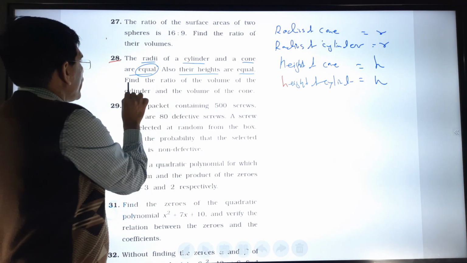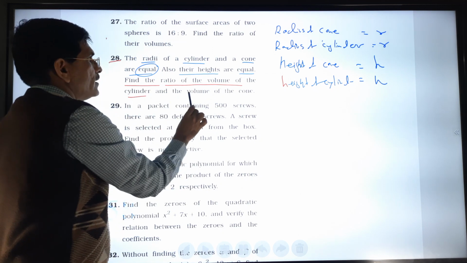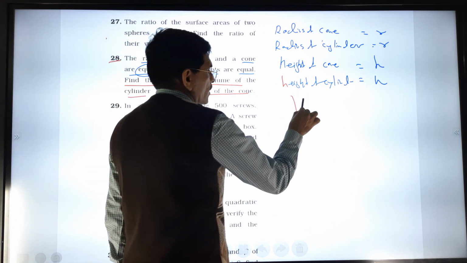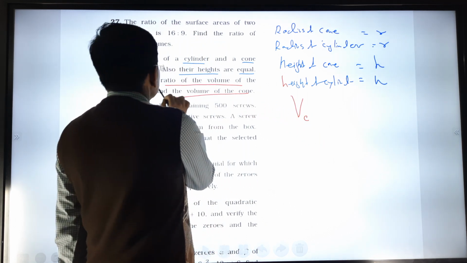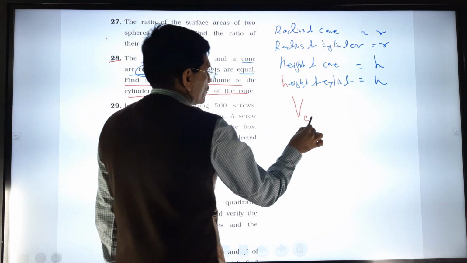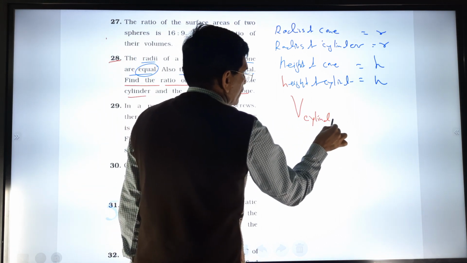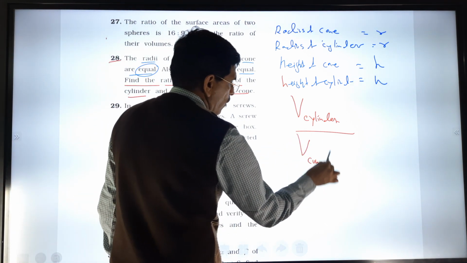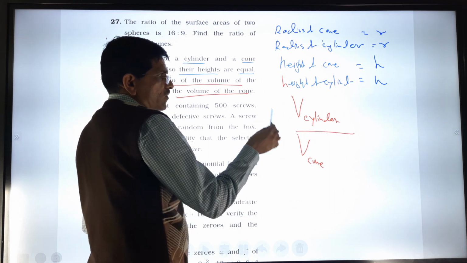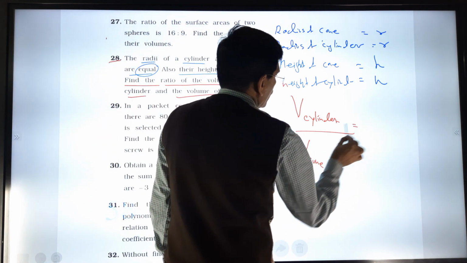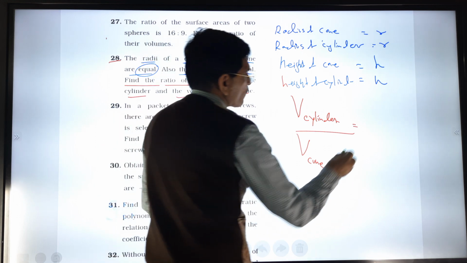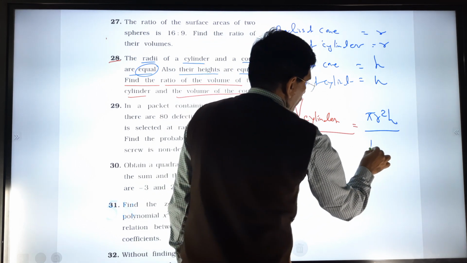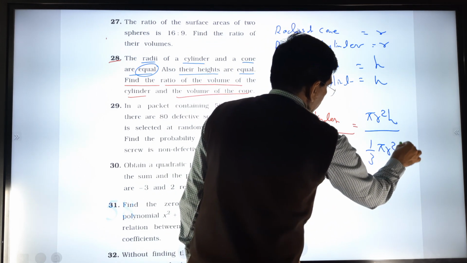Now, what is the comparison? Find the ratio of the volume of cylinder and volume of cone. So volume of cylinder upon volume of cone, or we can write V1 upon V2. The volume of cylinder formula is pi r square h. The volume of cone formula is 1 by 3 pi r square h.